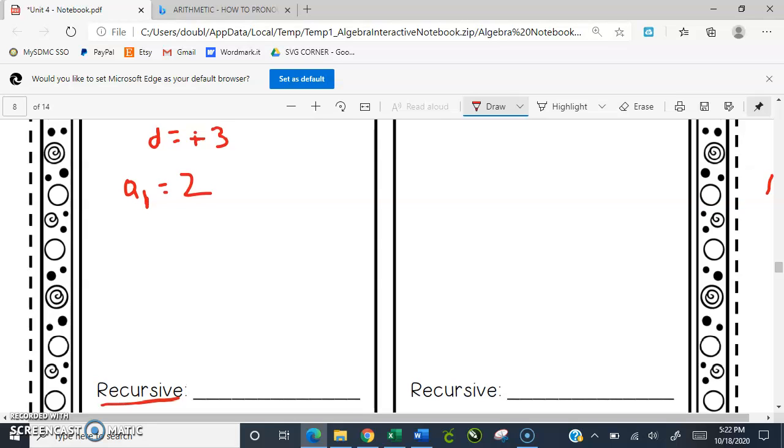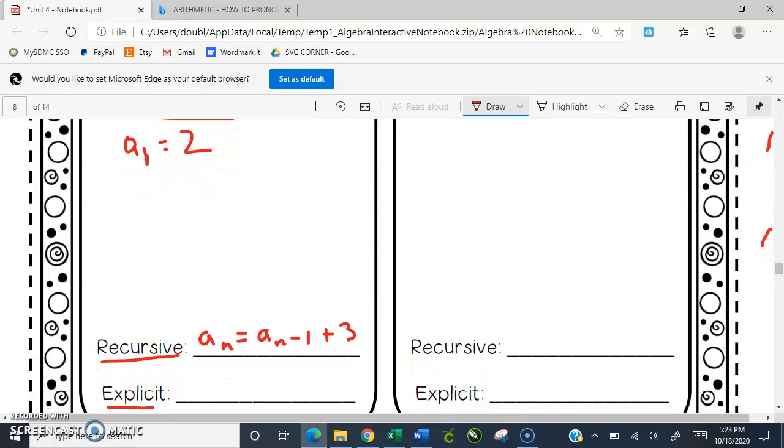For the recursive formula, because we don't know what term we're looking for, the only thing we need is our common difference, which is plus 3. So we have a sub n equals previous term plus 3. And that's it.